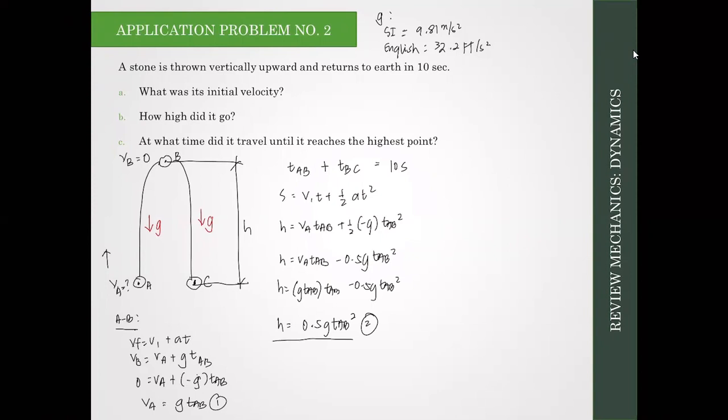So yan yung value ng H natin in terms ng TAB. Kung wala na tayong magamit sa segment AB, ngayon naman ay segment BC. Same lang din yung gagawin natin, pero kay segment BC, free fall na siya, no?